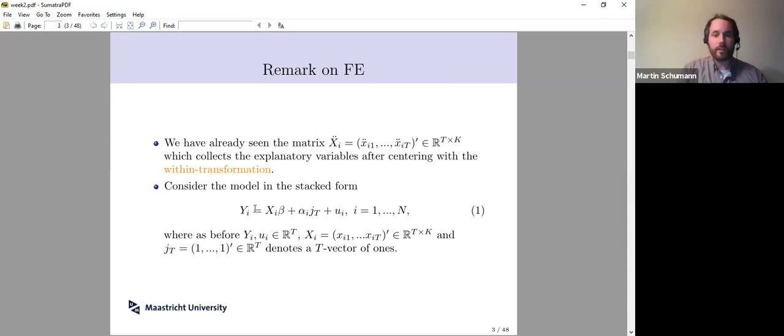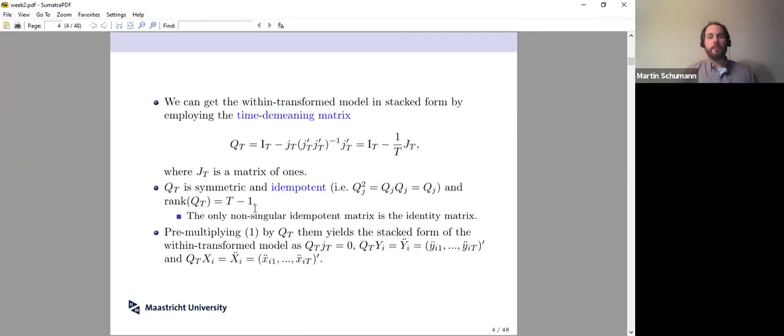And now, how can you get the within transformed data from this stacked version? Well, you can employ the time demeaning matrix. This is called here Q_T, and this is the definition from Wooldridge. So you have here the identity matrix with T dimensions, and then you have here, sorry, the second prime here is of course wrong.